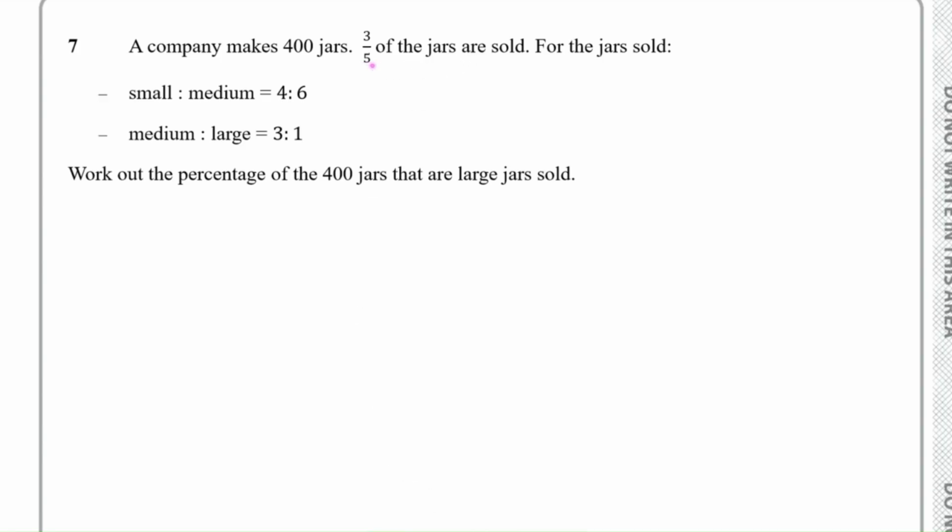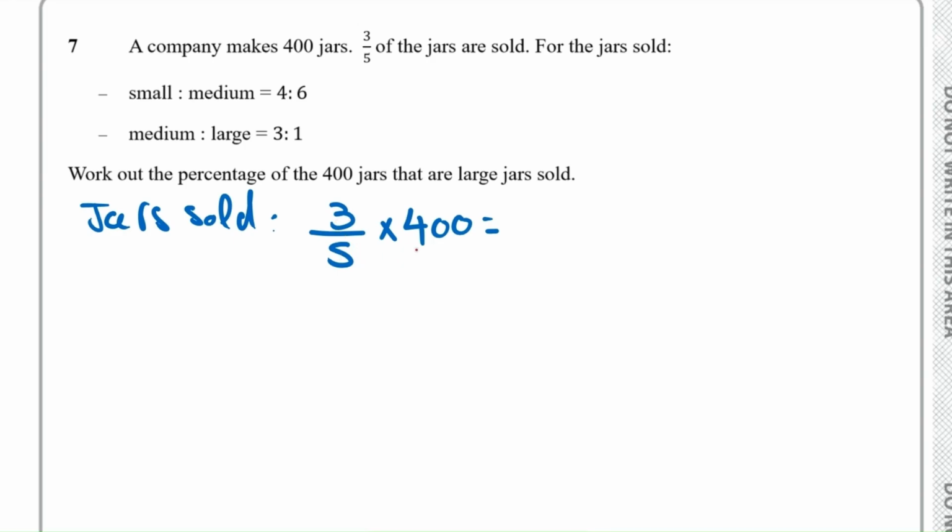That means we need to find the jars sold, 3/5 of 400 jars. So we need to calculate this one. In an easy way, instead of multiplying 3 times 400, we can cancel out the top of the fraction with the bottom of the fraction.